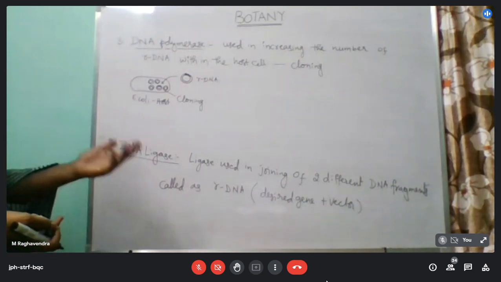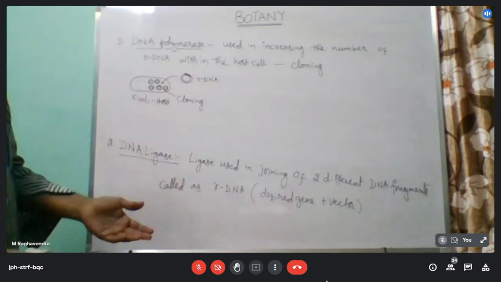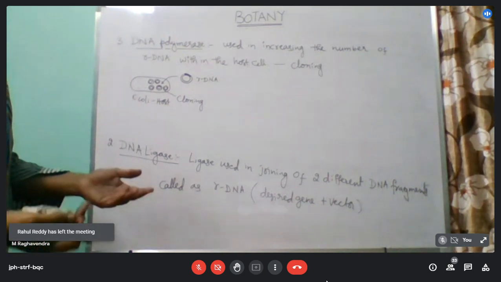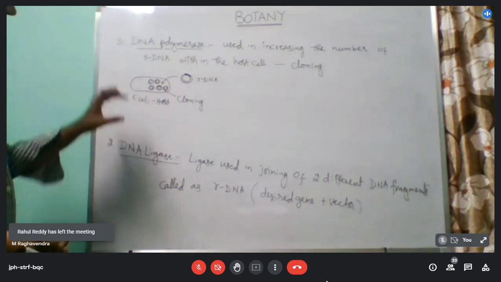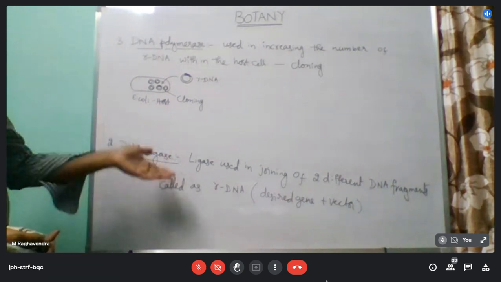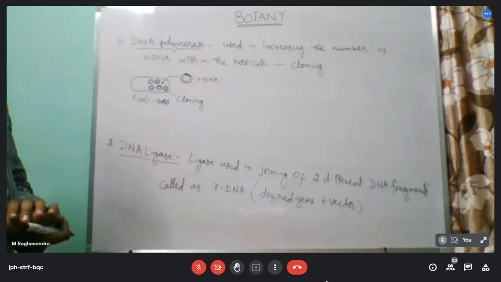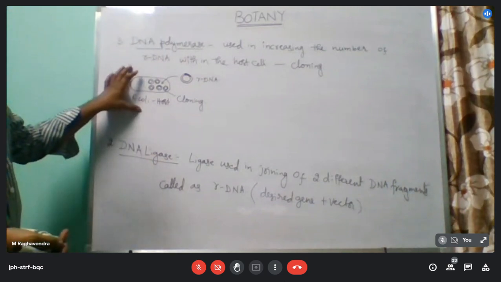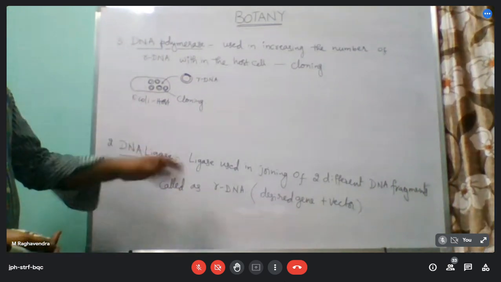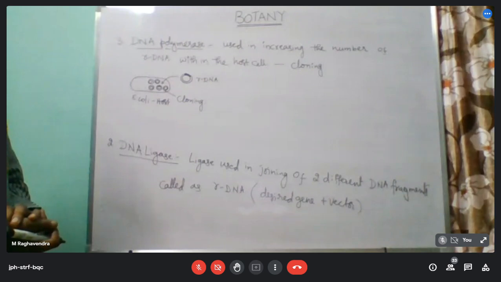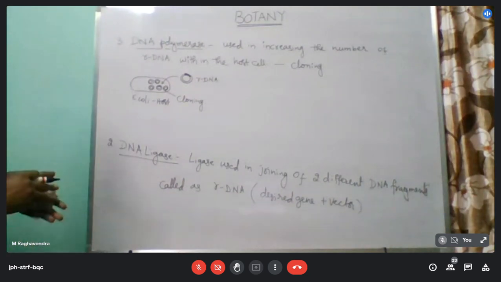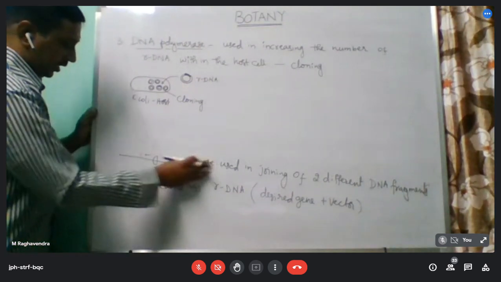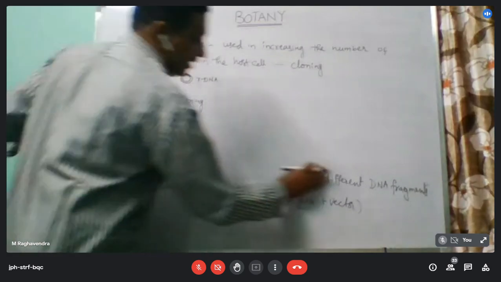This is called PCR. It's the same process: multiplication of recombinant DNA within the host is called cloning. If the cloning process occurs in a device or machine, that is the PCR technique. So in both cases, we are using DNA polymerase enzymes.